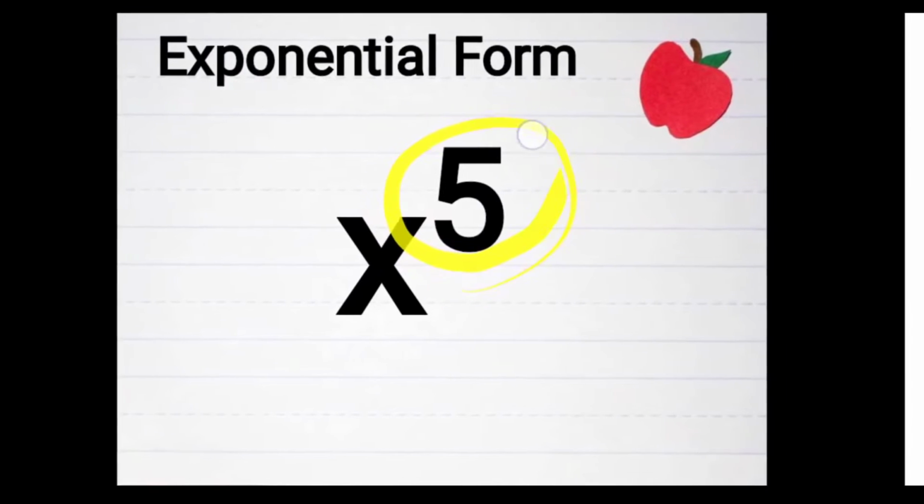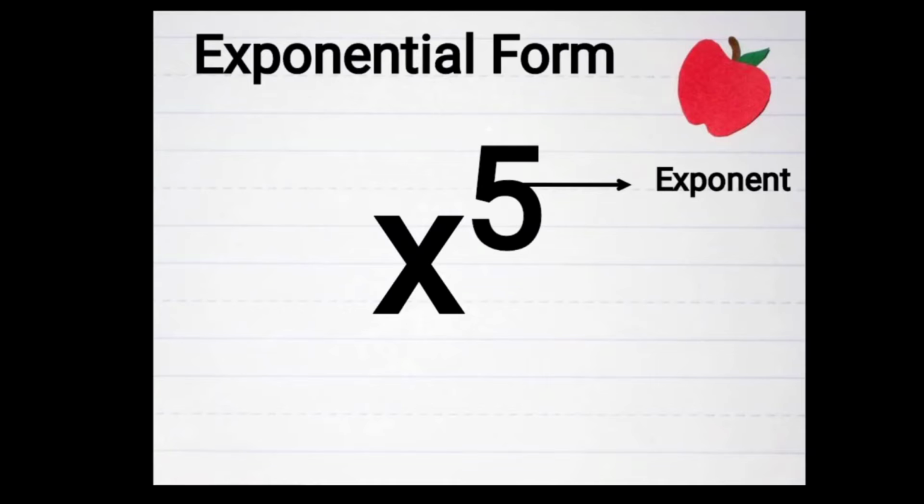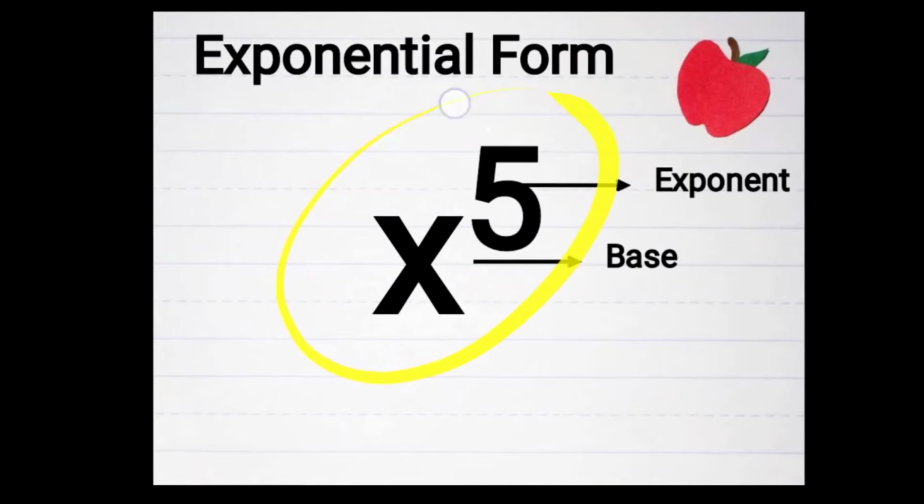Okay, so this is called superscript or the exponent. So that value, that 5, is the exponent, and this x would be the base. Okay, so this is an example of exponential form or algebraic expression in exponential form.